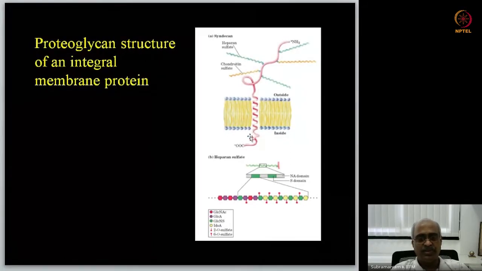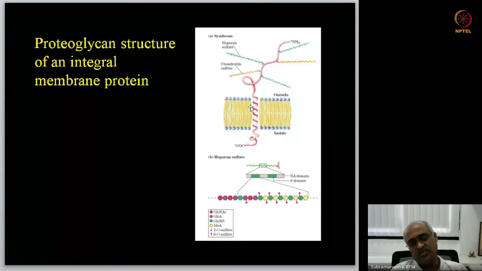So here the core protein contains hydrophobic side chains in a short sequence. Usually about 10 to 12 hydrophobic amino acids are enough to get anchored in the membrane, where the hydrophobic side chains interact with the aliphatic chains. Remember, we already know the phospholipid structure. The glycerol part has the phosphate and therefore is hydrophilic, and the other two hydroxyl groups of glycerol are esterified with long chain fatty acids.